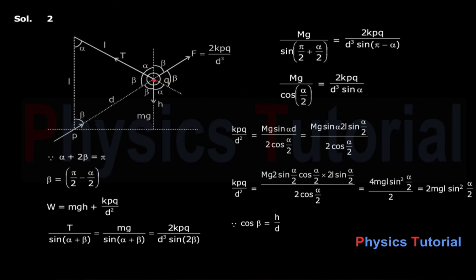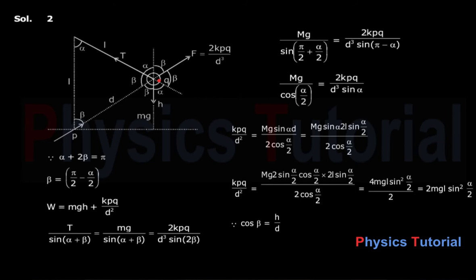Here the weight mg is acting downward, and there is tension T, and due to the dipole there is the electrostatic force F, that is 2kpq upon d cube. So this body is suspended under the action of three forces.